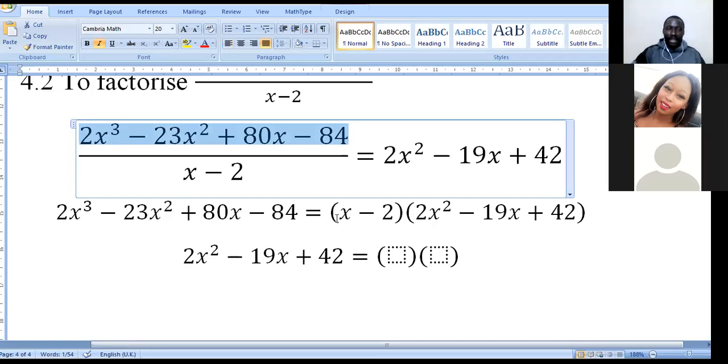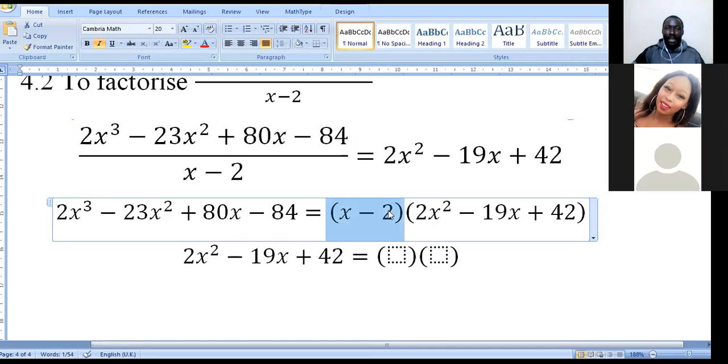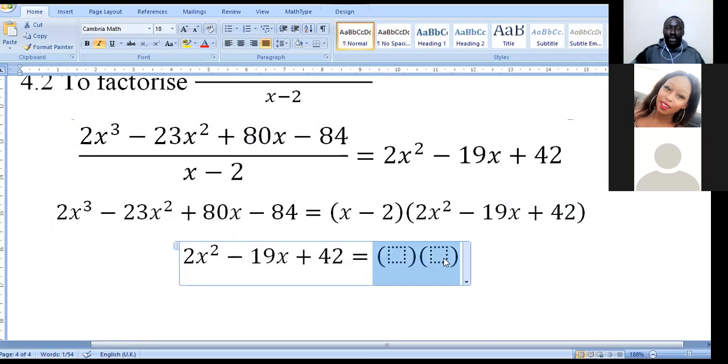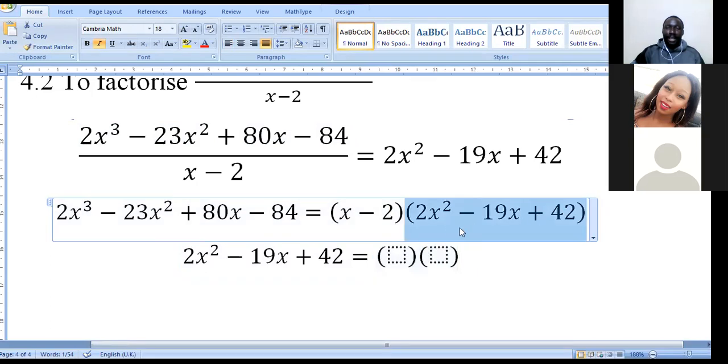The first bracket is this other one here, x minus 2. Now, this is the second bracket, which we must now factorize again so that we have 2 more brackets. These 2 more brackets will replace this one bracket here, so that we will now be having 2 brackets there and another bracket here. So to your question, yes, a cubic function must have 3 brackets. In other words, a cubic function will have 3 values of x.